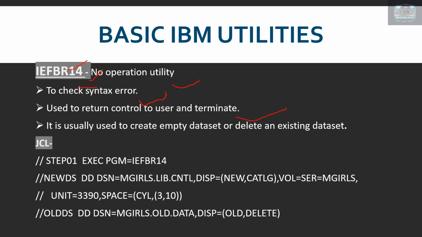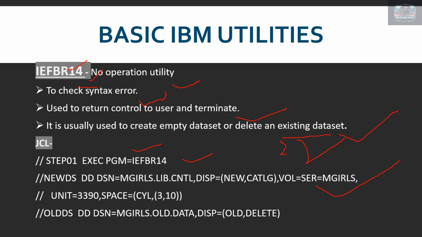It is usually used to create an empty dataset or delete an existing dataset. Normally we can do this, creating empty datasets and deleting, from an ISPF panel, as you know, from 3.2. But this is a dummy utility you can use if you want to check how JCL works, if your code is right, or if you're learning some parameters.